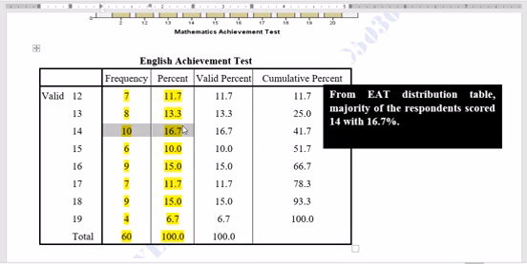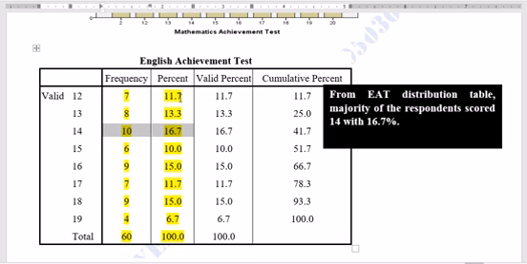Therefore, from this place now, we can say from the English achievement test distribution table, majority of the respondents score 14 with 16.7%. That's it. And you also get the least. The least is 7 with a percentage of 11.7%.